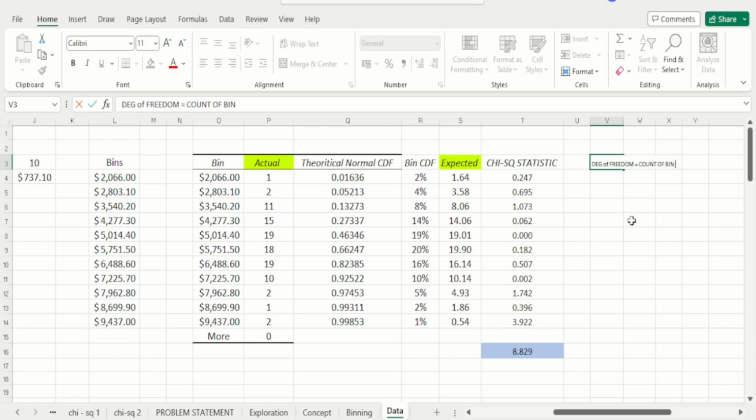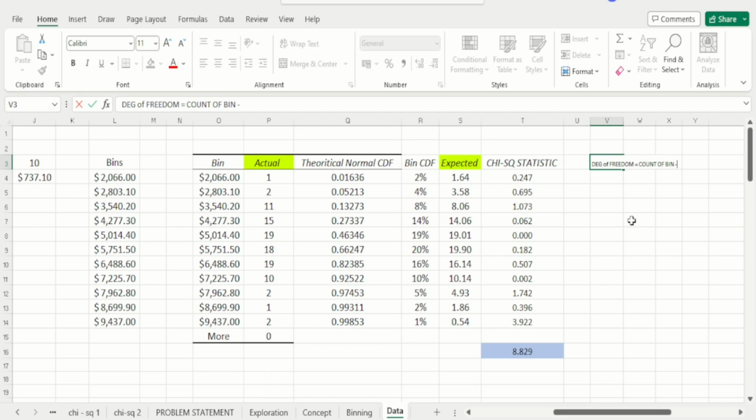bins. Remember, degrees of freedom is connected to knowledge. How much distinct information are we providing this model? Each bin represents information, right? So the more bins, the more information available. So the count of the bins is the first information that we have.